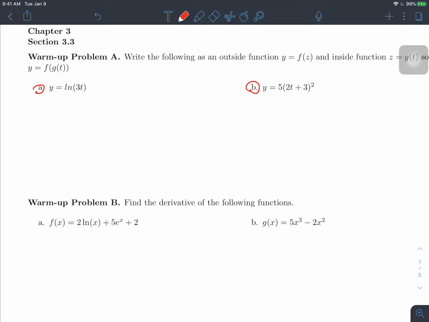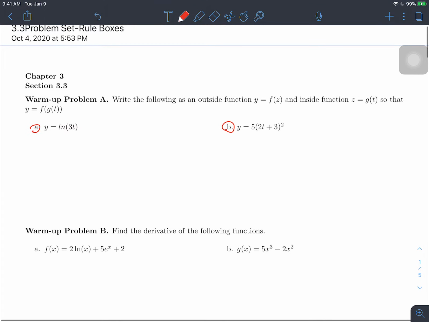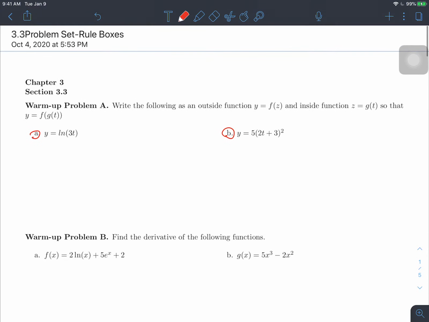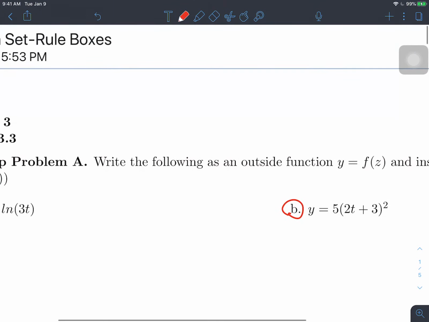Okay, so let me explain what the question is asking first, and then I'll give you guys a second to try it out, because this is a crucially important skill to be able to do chain rule problems, okay? So, before, you may have done some problems which said something like this.